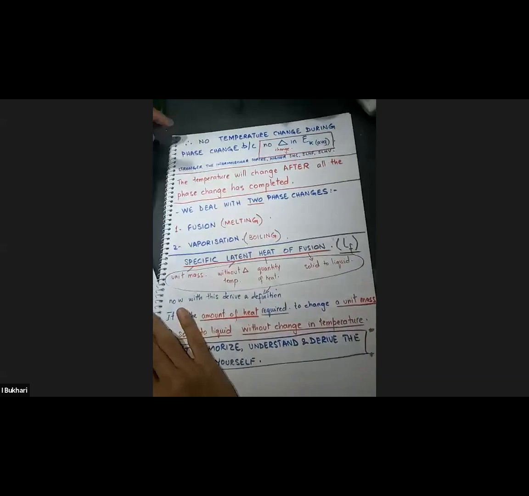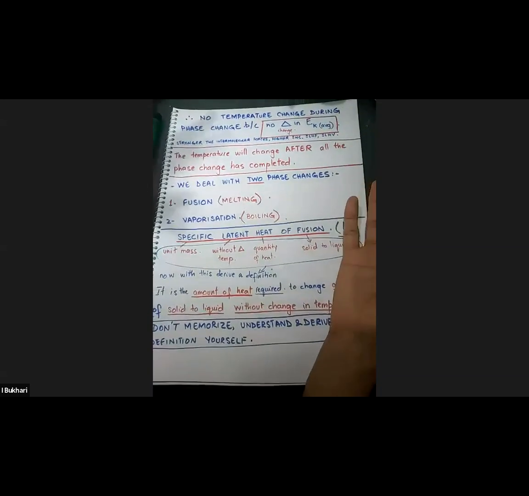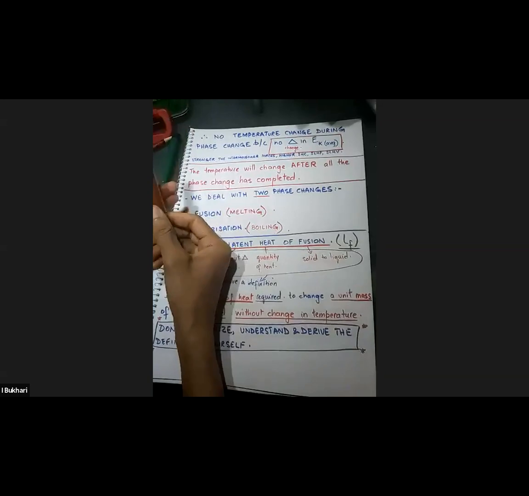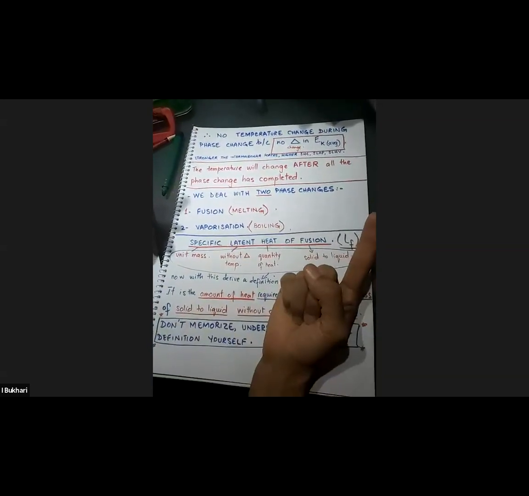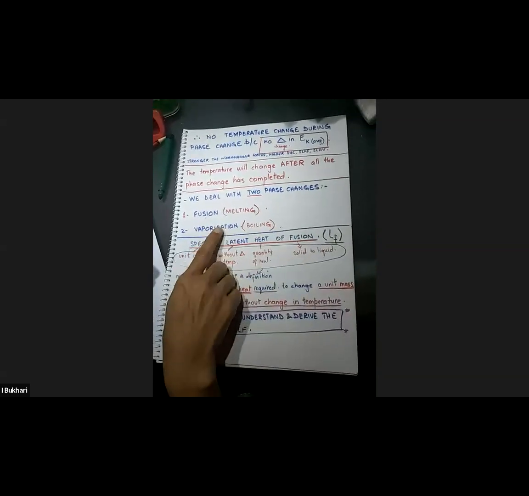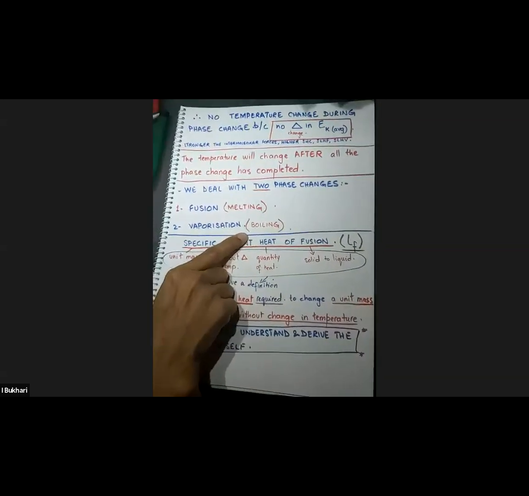After understanding all of this, we can appreciate that the stronger the forces of attraction between the molecules, the higher the latent heat, whether of melting or vaporization or boiling.